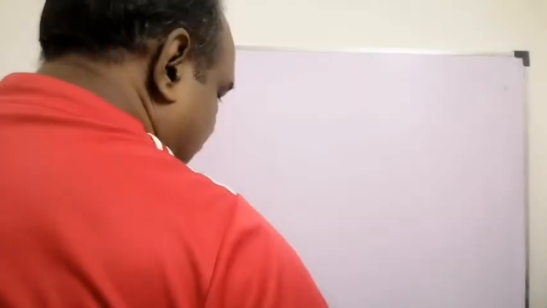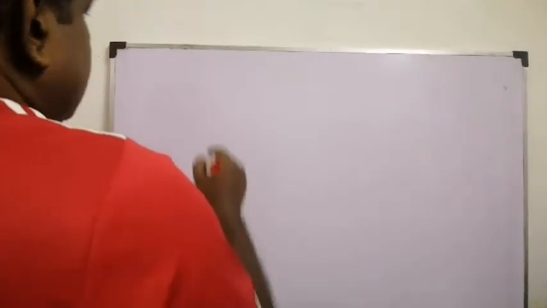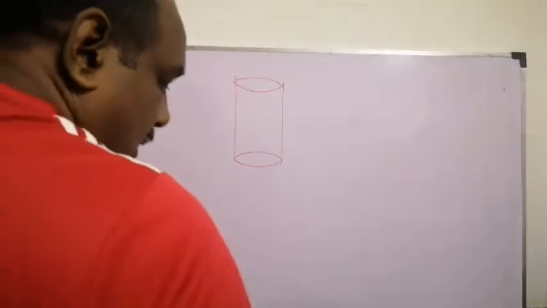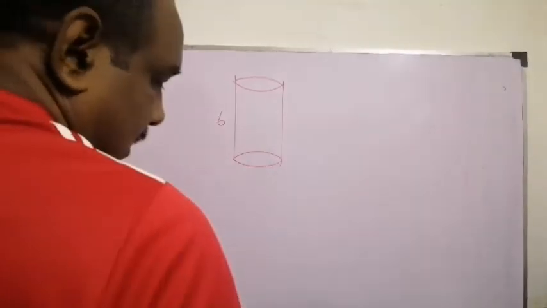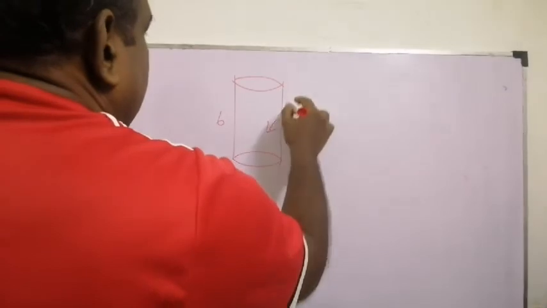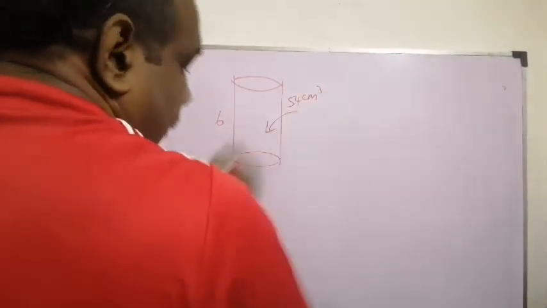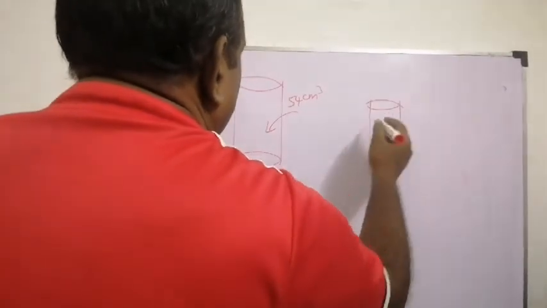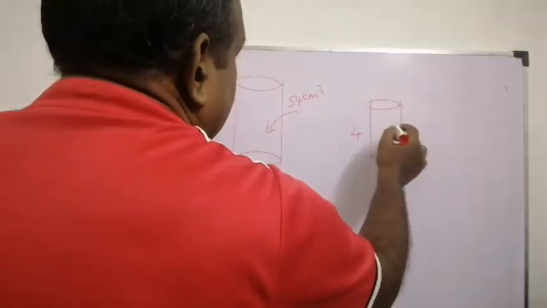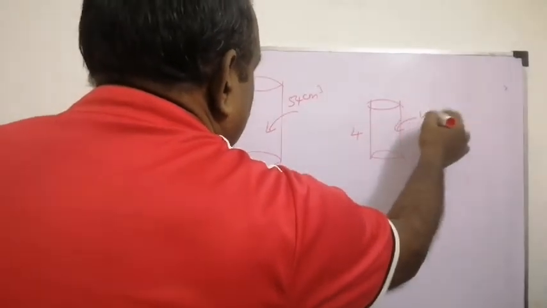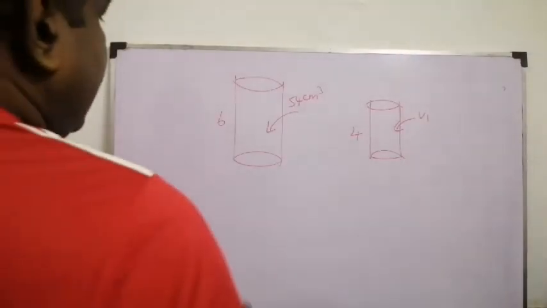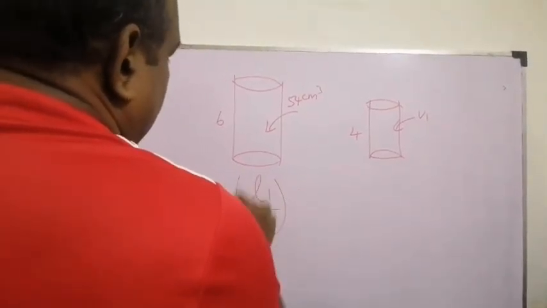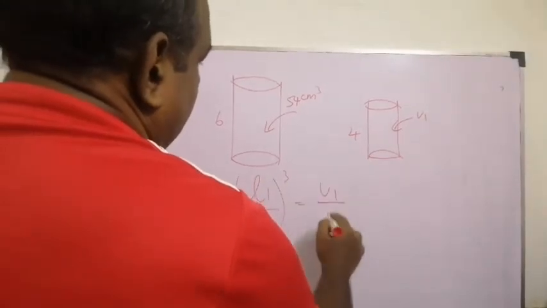Now they have given the length of this as 6 centimeter, and the volume they have given is 54 centimeter cube. Then for the smaller one, the length is 4, and they want us to find the volume, V1. So we know L1 over L2 cubed is V1 over V2.